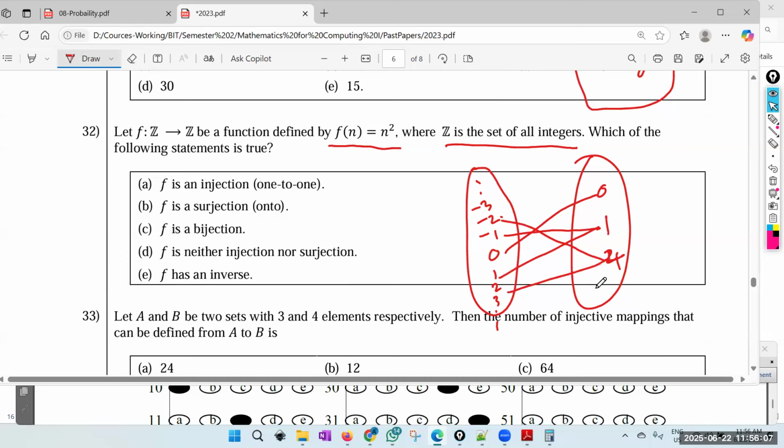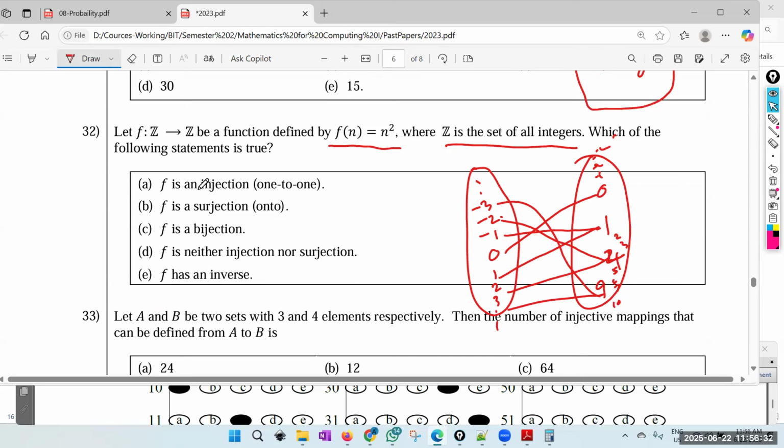And -3 and +3 are mapped to 9. But here we have -1, -2, -3. Some of these are not mapped, like 2, 3 are not mapped. 5, 6, 7, 8 are not mapped. 2, 3, 5, 6, 7, those are not mapped.